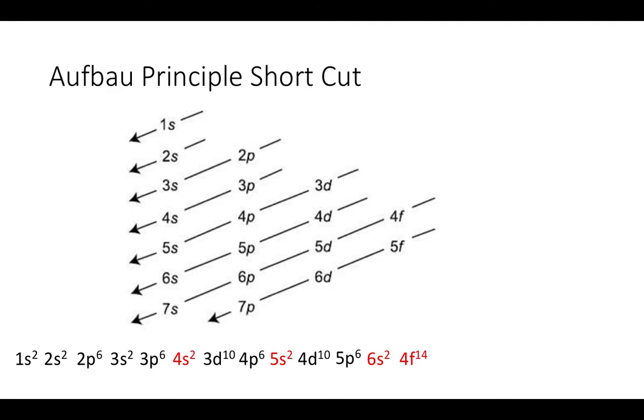So that's also in red because now we've put 2 electrons in the 6s orbital, and now it's easier for the next 14 electrons to go all the way back to the 4th energy level and push their way in, where we already have 18 electrons in the 4th energy level. Then we fill the 5d, 6p, 7s, 5f, 6d, and then the 7p.